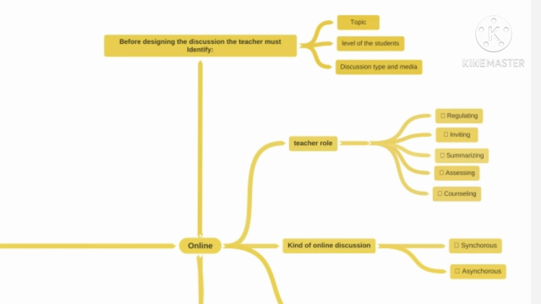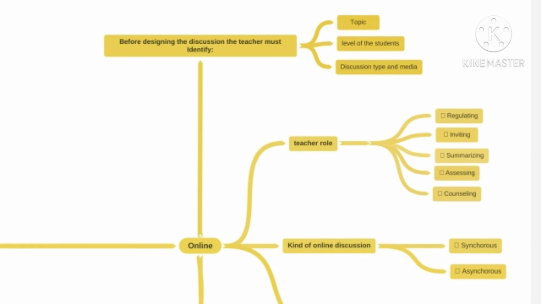Then, as explained in the first point, there are two types of online learning. The first is synchronous and the second is asynchronous. The synchronous method is discussion carried out directly, such as students and teacher discussing using a face-to-face application, such as Zoom and Google Meet, and others.